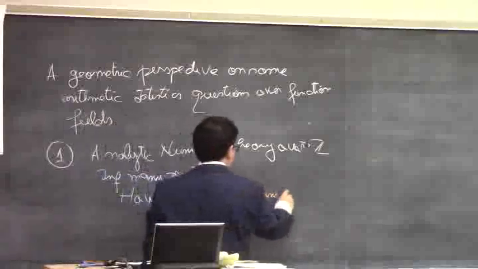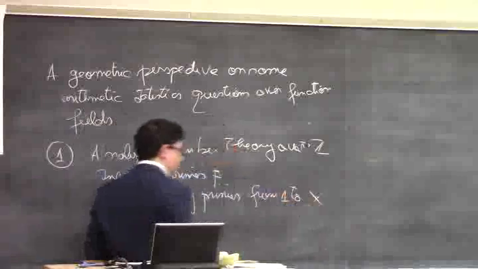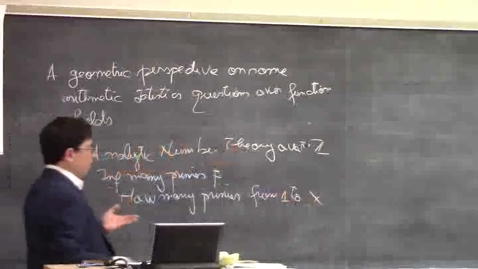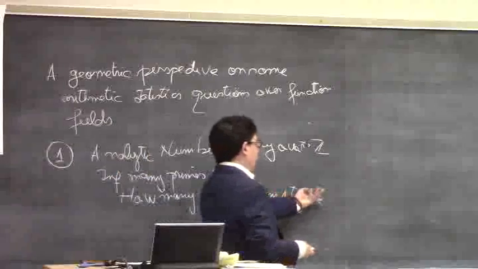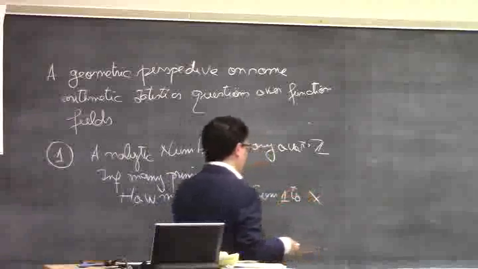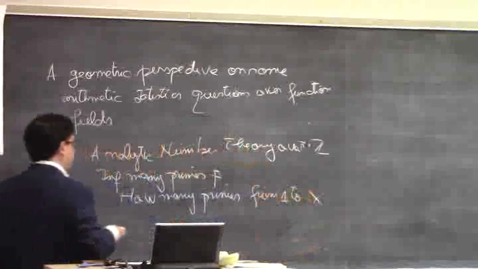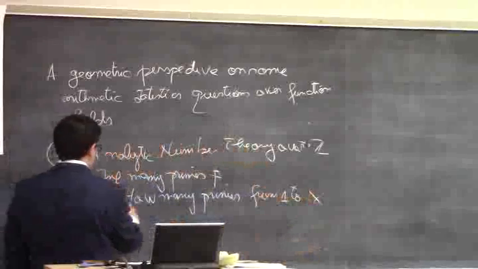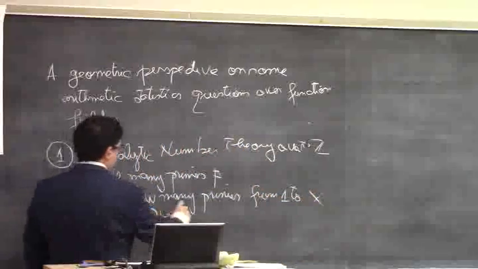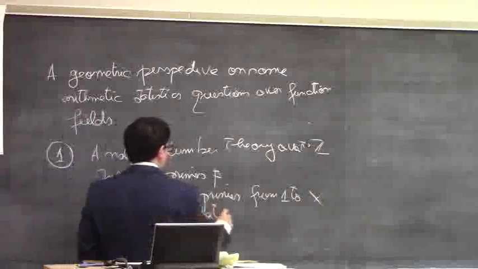So we want to make some parameter, and we want to make some quantitative estimate in terms of this parameter. Okay, we say x is going to be our parameter, and we want to say as we vary x to infinity, what are we getting? As x goes to infinity, what's the asymptotic behavior of this quantity?